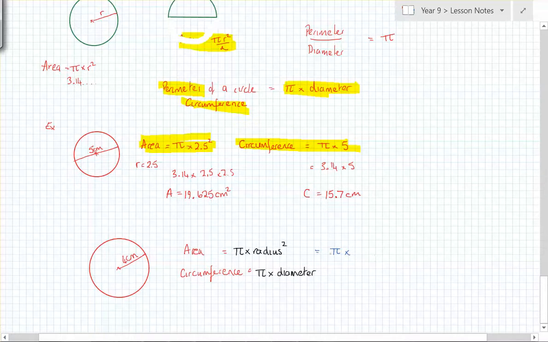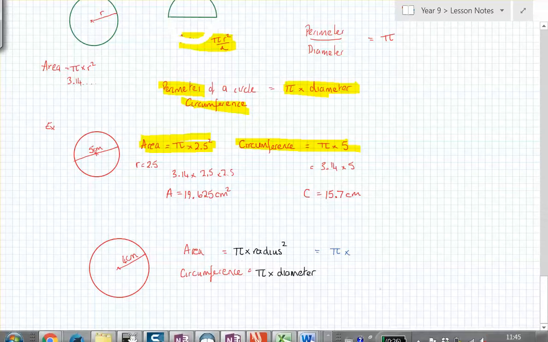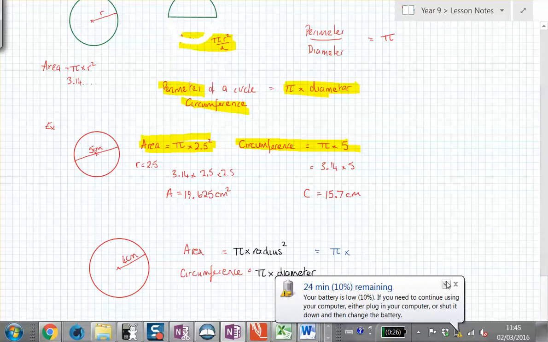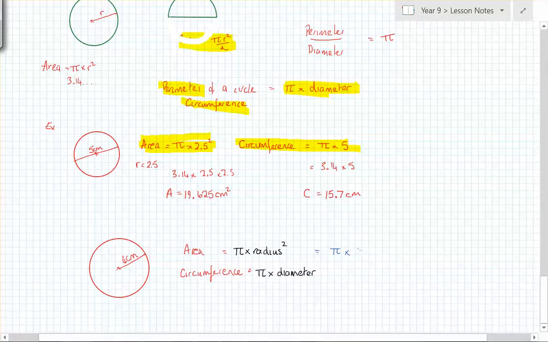What's the radius? 4. So we've got pi times 4 squared, which is what? What's 4 squared, by the way? So it's 3.14 times 16.